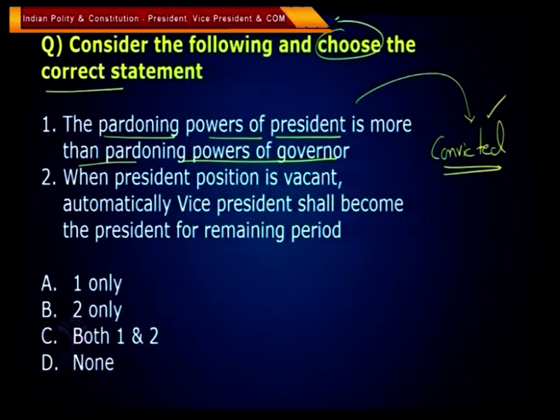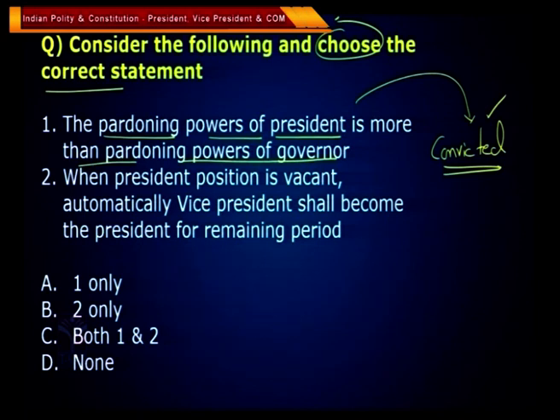But pardoning is given by both the President and also the Governor. Yes, we all know. But are the pardoning powers of the President and Governor the same, or is there any difference? Look at the screen. Very, very important.